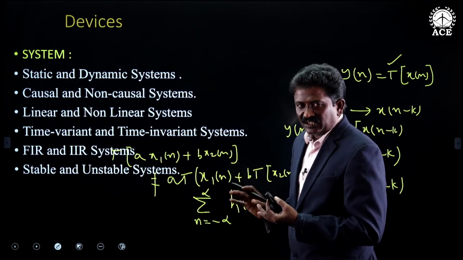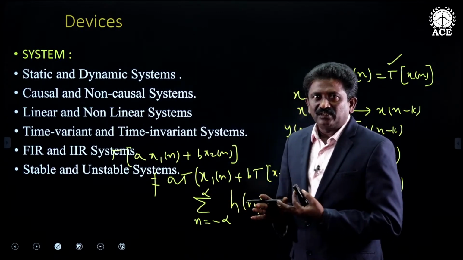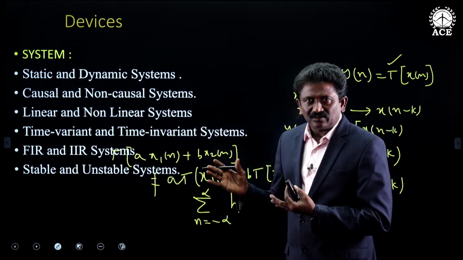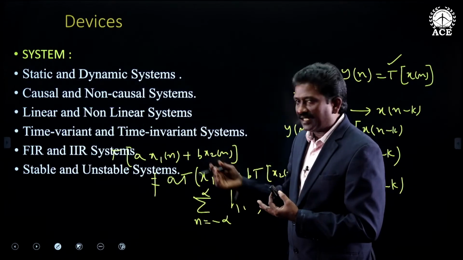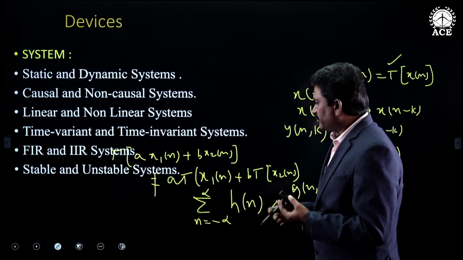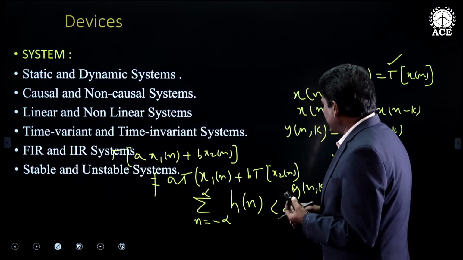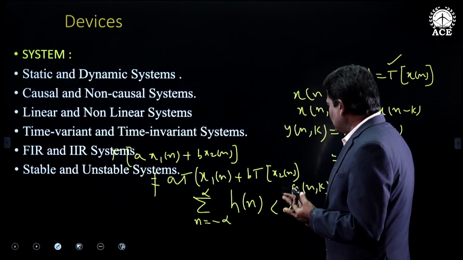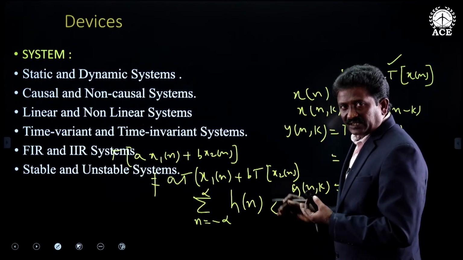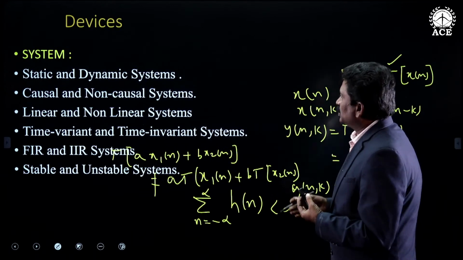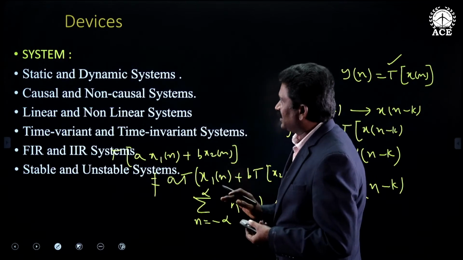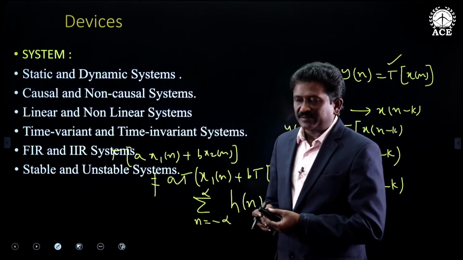Unstable means the bounded input does not give a bounded output. The condition for unstable is that the summation n equal to minus infinity to plus infinity of h of n gives a very large value, that is called an unstable system. Actually these six are the different types of systems.